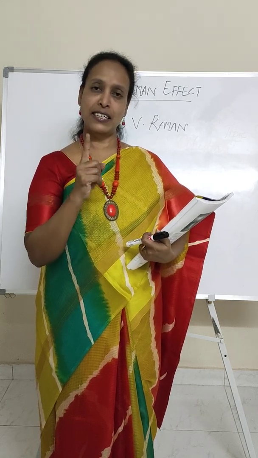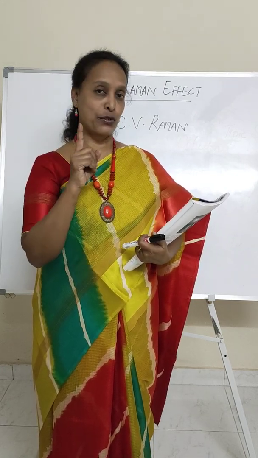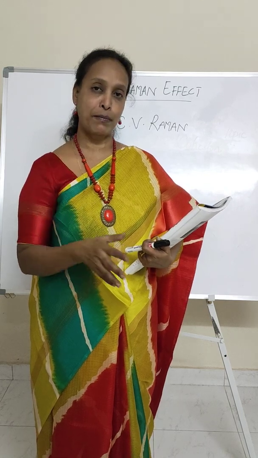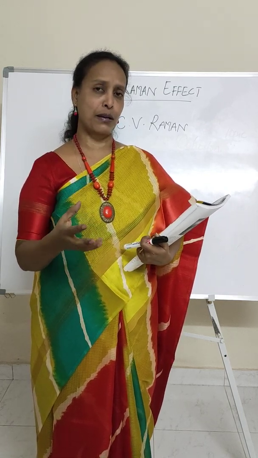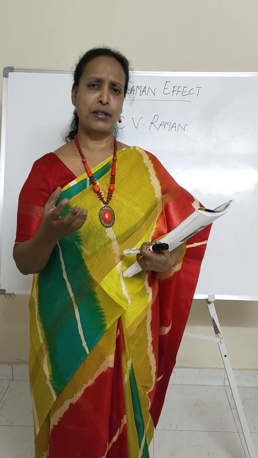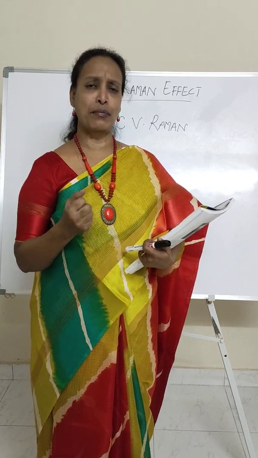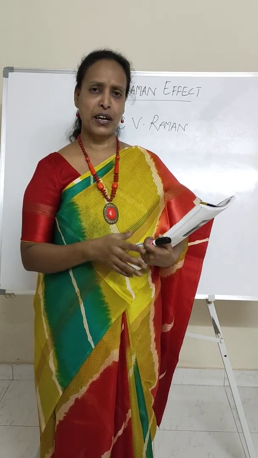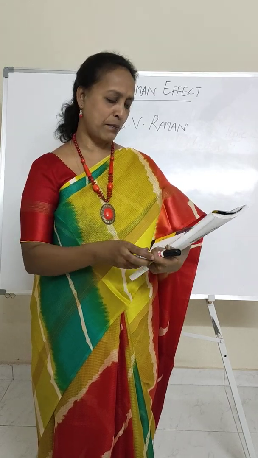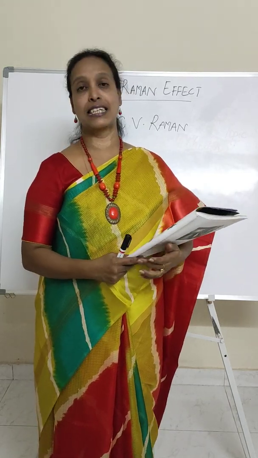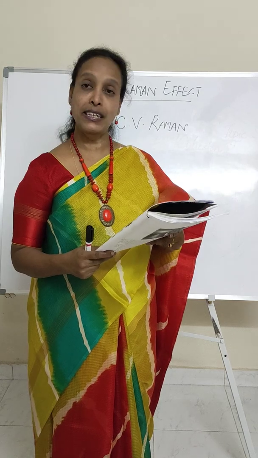And 1930 is a year that you must remember. That was the year when he was awarded the Nobel Prize, and this Nobel Prize was something which was groundbreaking, which means unique, something which never happened earlier, a unique discovery which was made by C.V. Raman, and this discovery was called the Raman effect.